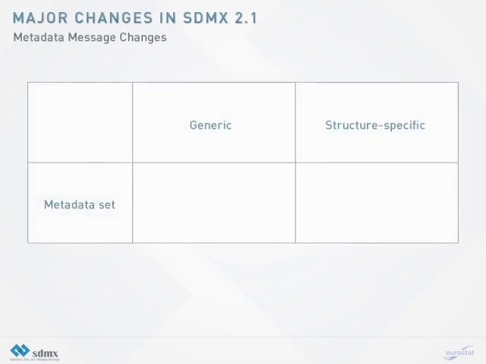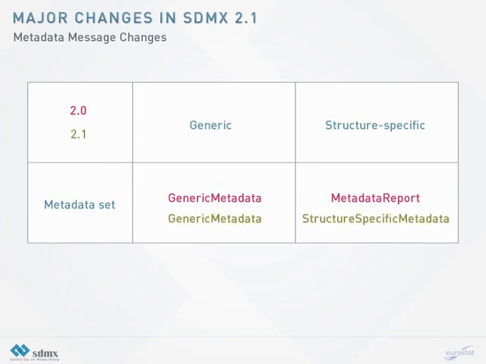Some changes have also been made for the reference metadata messages. The structure-specific metadata set, previously called metadata report, is renamed to structure-specific metadata to be more consistent with the data messages. The XML structures of the generic and structured metadata sets have also been aligned.